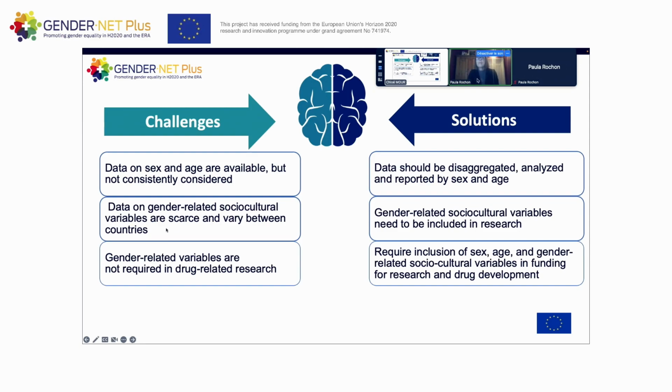A challenge: data on gender-related sociocultural variables are really scarce, and they're not looked at uniformly. So what do we need to do? Gender-related sociocultural variables need to be included in research. And then finally, gender-related variables are not required in drug-related research. I think we have a real opportunity here to require the inclusion of sex, age, and gender-related sociocultural variables in funding for research and drug development.